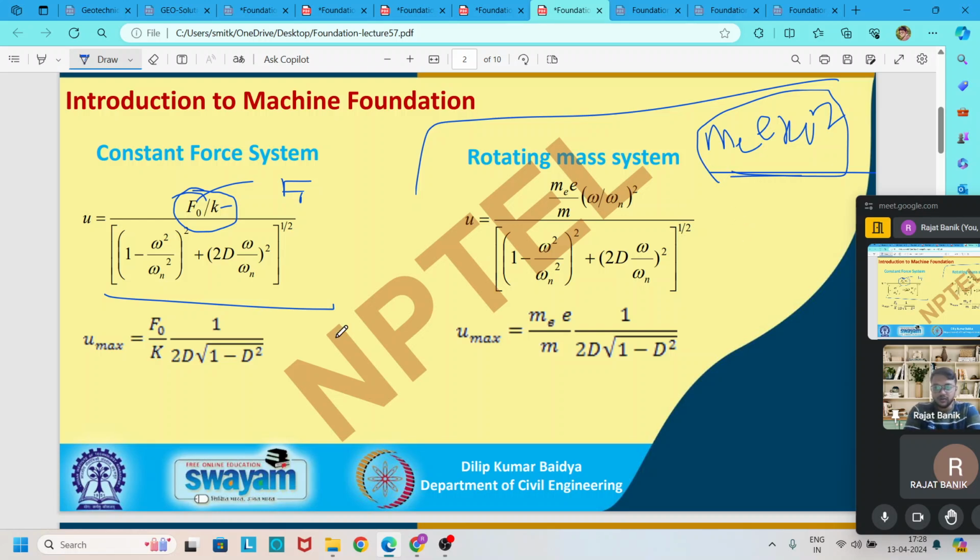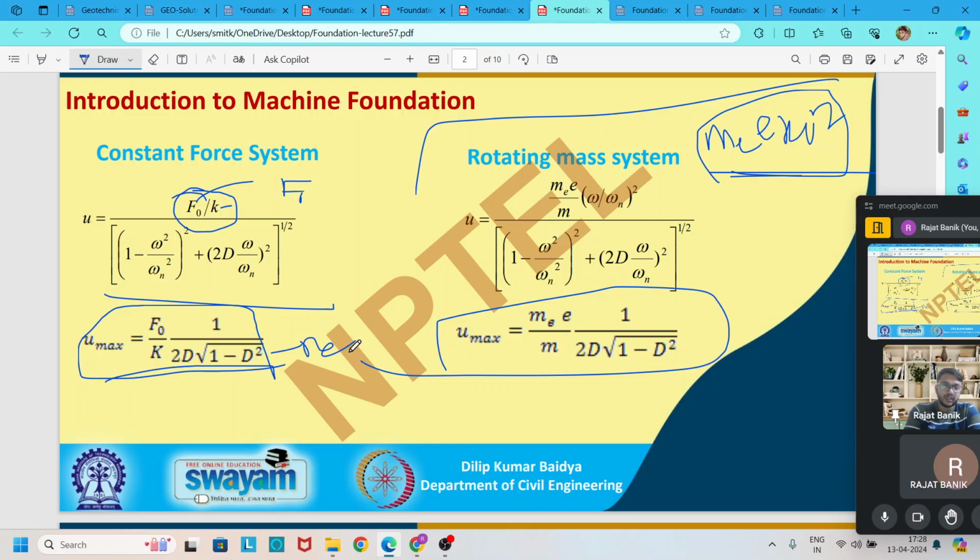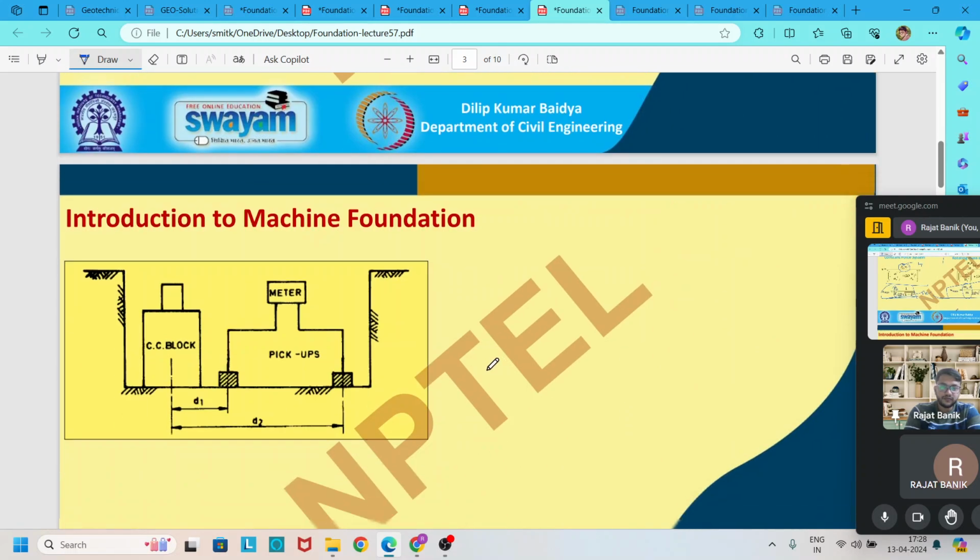And for maximum amplitude, we use this equation at resonant frequency for both the cases. This equation looks similar, but the main difference is this term. So you should remember this.